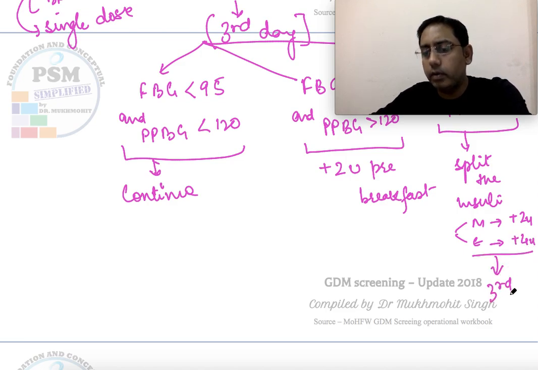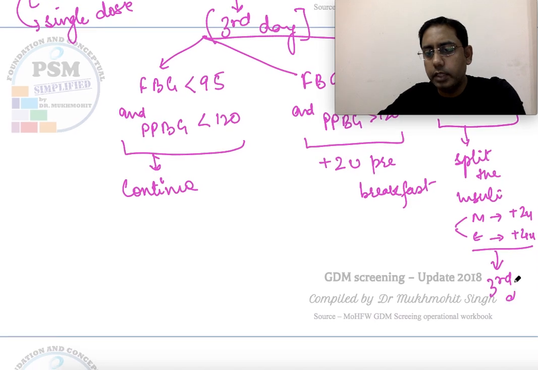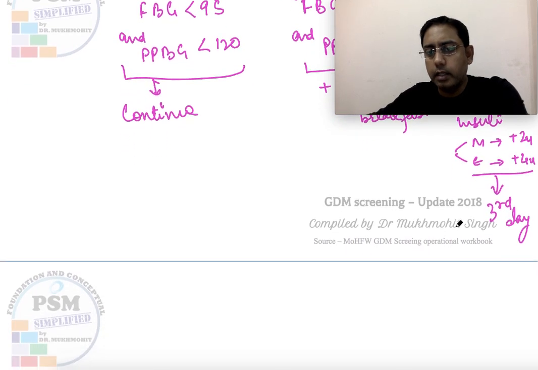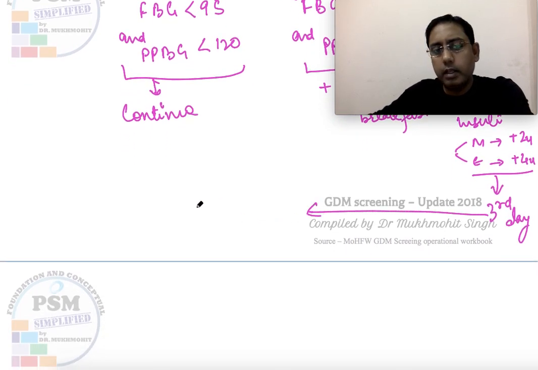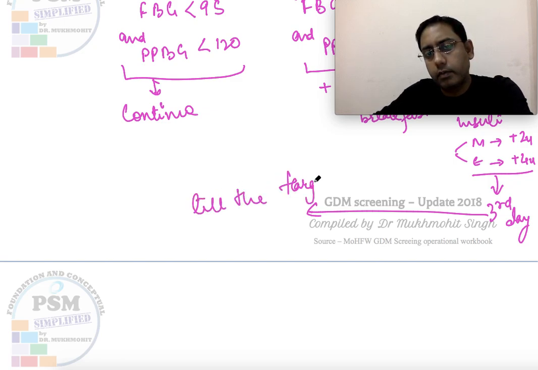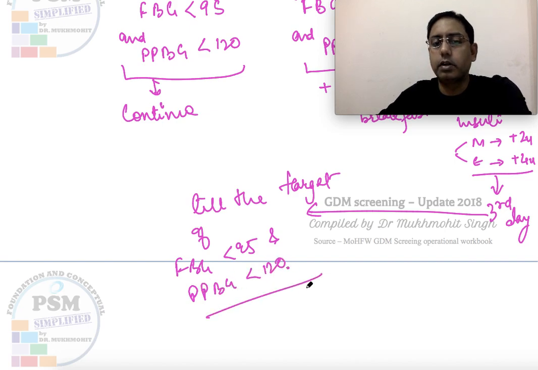Every third day, we keep on checking until the target of fasting blood glucose less than 95 and postprandial blood glucose less than 120 is achieved.